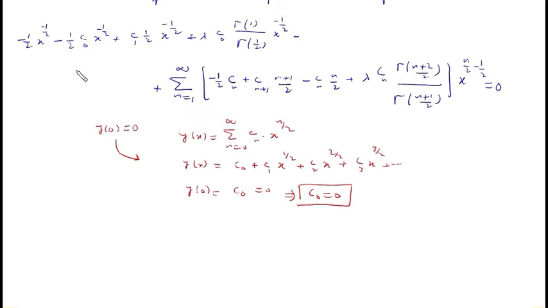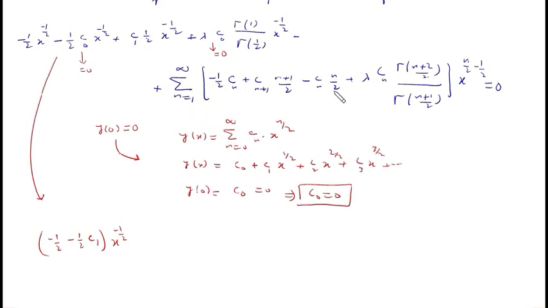Okay, using this fact in this series, since c naught is 0, so this term is 0, and the last term, because it also contains c naught, this term is equal to 0. I am left with only first term and this term. Okay, in these two terms I have minus 1 by 2 and then minus 1 by 2, this is 0, minus 1 by 2 c1 and into x to the power minus 1 by 2, which is common.